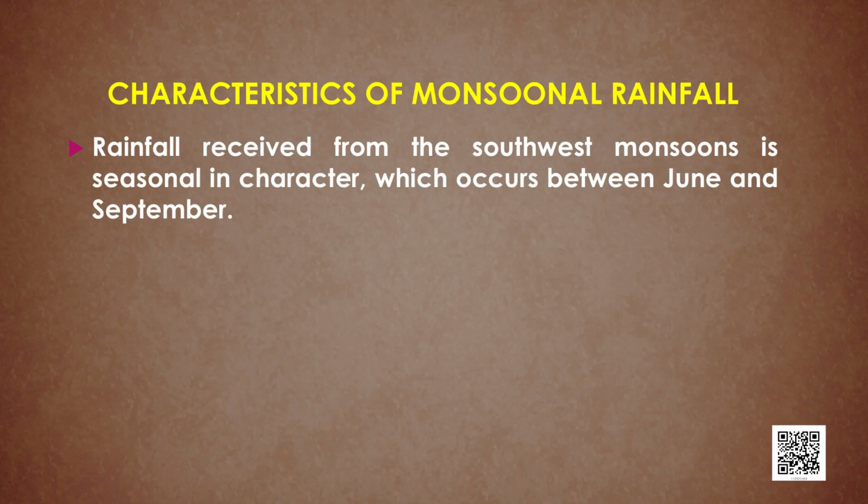Alright. Now these monsoons have special features, special characteristics in India. The rainfall received from the southwest monsoon is seasonal in character. That means it is limited to 3 to 4 months in a year, from June till September, and we are considering the whole of India because in June it gives rainfall to the southern part of India and advances towards the north.